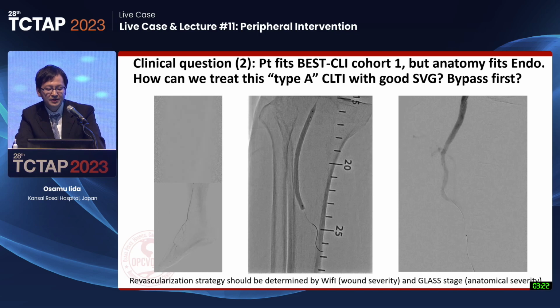How can we treat this type A CLTI patient? Bypass first or endo first? I cannot answer appropriately right now because this kind of patient is generally treated with endo first in the clinical setting. We should fairly understand that, as mentioned in the GVG, the revascularization strategy should be determined by WIfI and the GLASS stage.